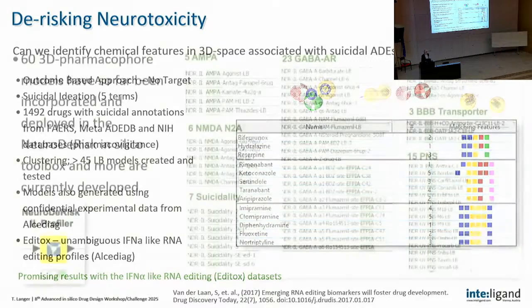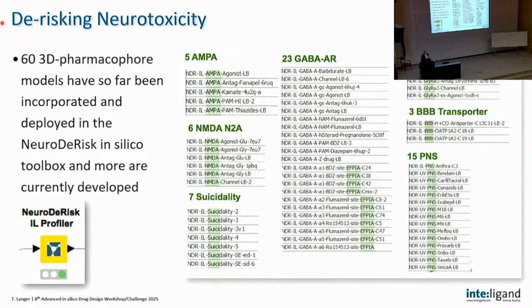So now, this neurotoxicity toolbox that we call the neuro de-risk toolbox contains 60 3D pharmacophore models that have been developed and incorporated so far. You see the receptors here: AMPA, NMDA, suicidality, GABA, glycine receptor. Then we also have models for BBB transport, of course, and peripheral neuropathies.